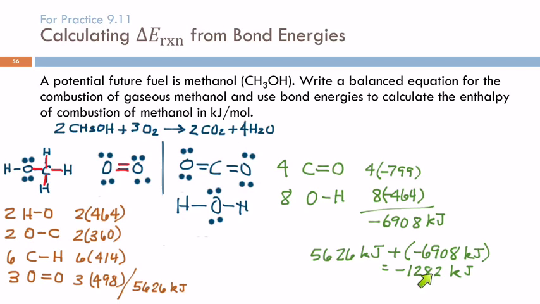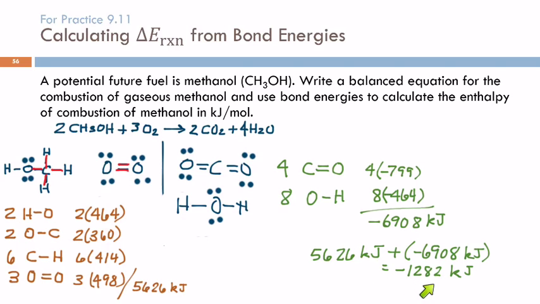This is the amount of energy released when this reaction as written happens, when you burn 2 moles of methanol. What I think is sneaky about this question is it wants the enthalpy of combustion for methanol in kilojoules per mole.